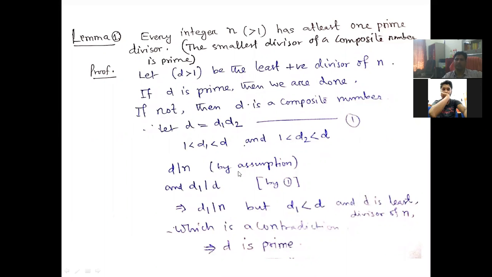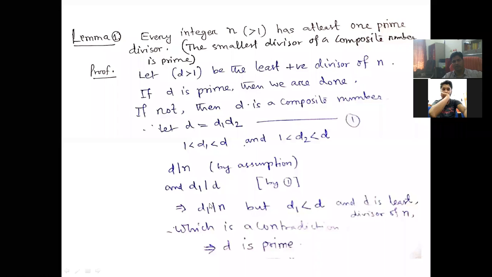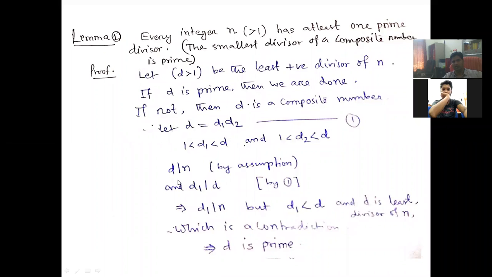So d divides n by assumption, and d1 divides d. Combining these two, d1 divides d and d divides n, means d1 divides n. But d1 is less than d, and d is the least divisor of n.